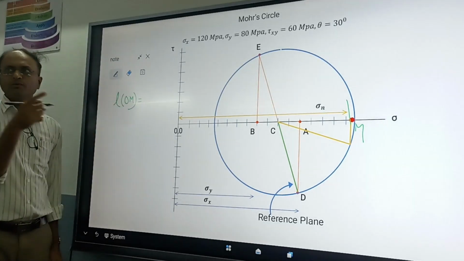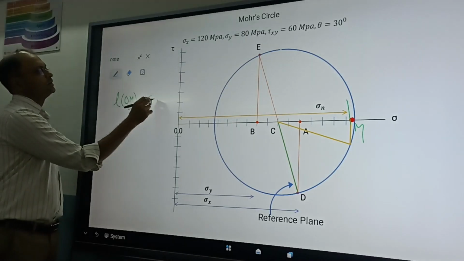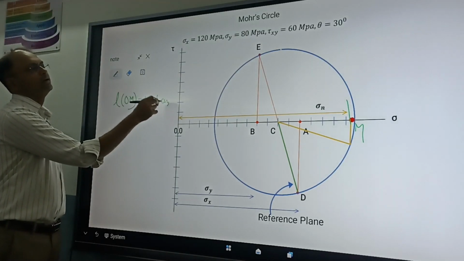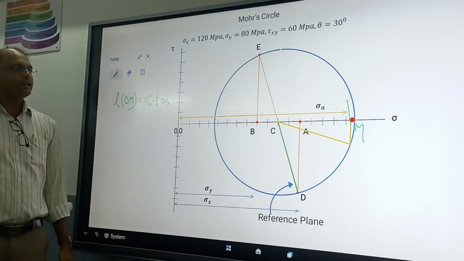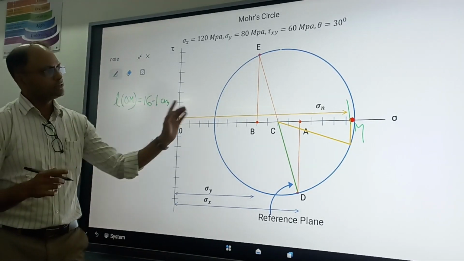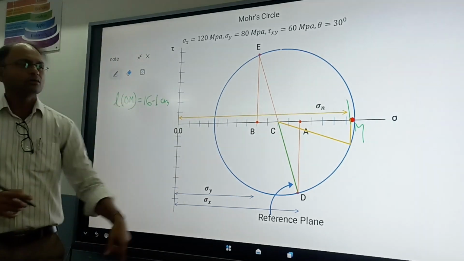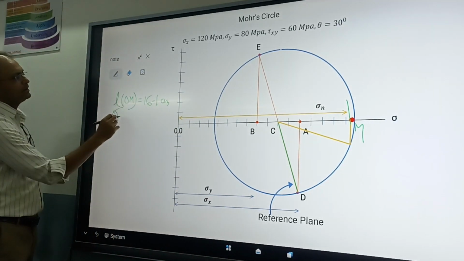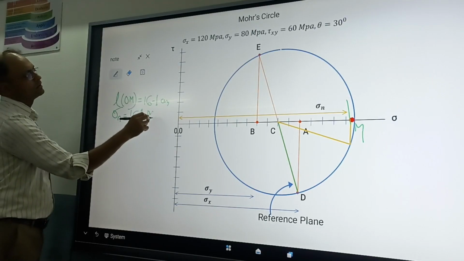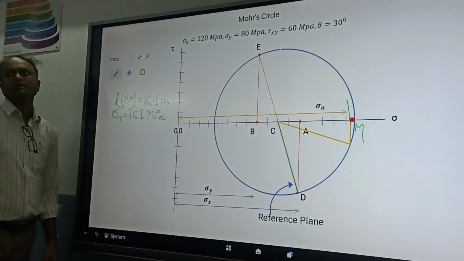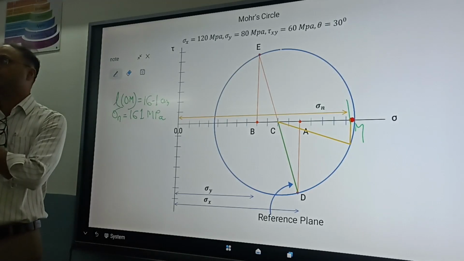You tell me in centimeter: 16.1 centimeter. What is our scale? 1 centimeter is equal to 10 MPa. So what this is actually, this is the normal stress. So distance OM is sigma m, equal to 161 megapascal. Normal stress value.